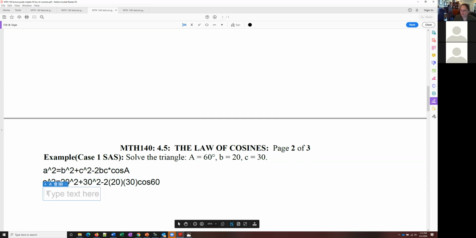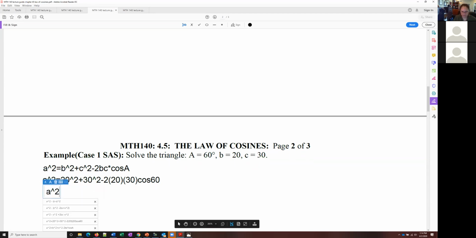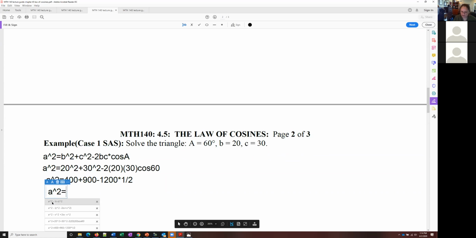And that gives me that a squared is equal to 400 plus 900 minus 1200. And the 1200 is from the 2 times the 20 times the 30. And I'll multiply that by the cosine of 60 degrees, which is a half. And so that gives me a squared is equal to 700.